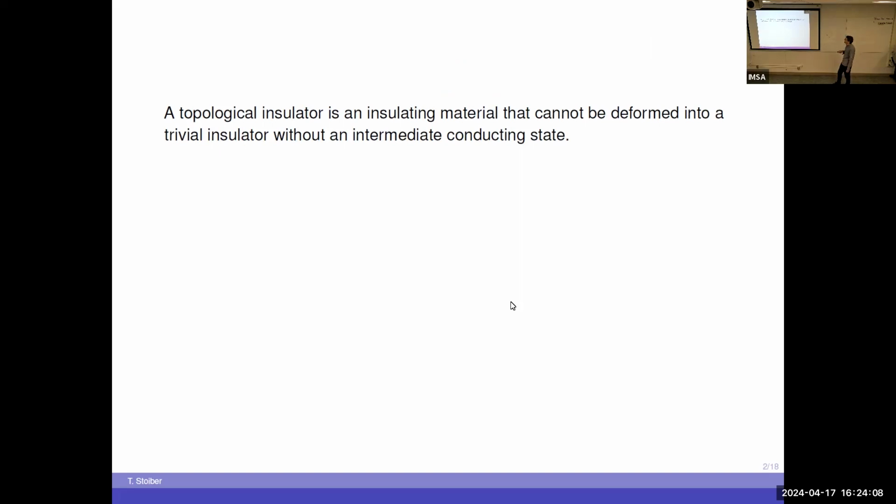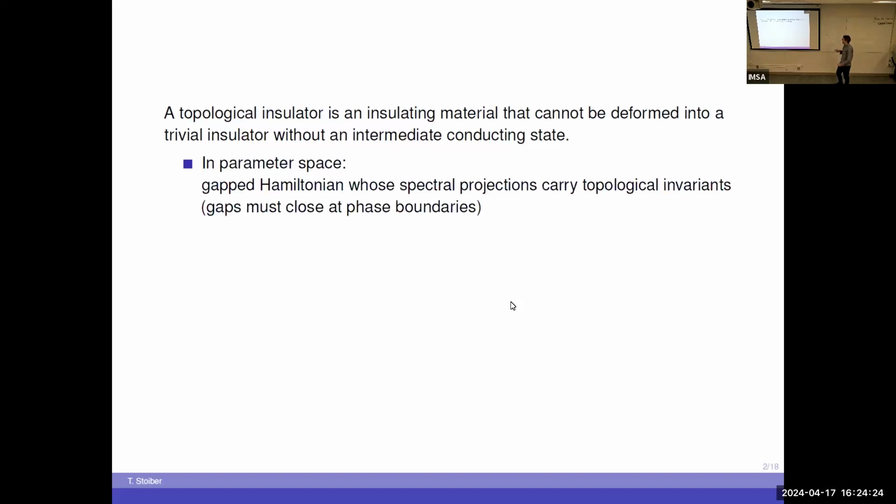I mean, you can define it in subtly different ways, but generally a topological insulator should be an insulating material that in some sense cannot be deformed to a trivial insulator without passing through some intermediate conducting state. And usually we think of these in parameter space, where they are just given in the form of gapped Hamiltonians.